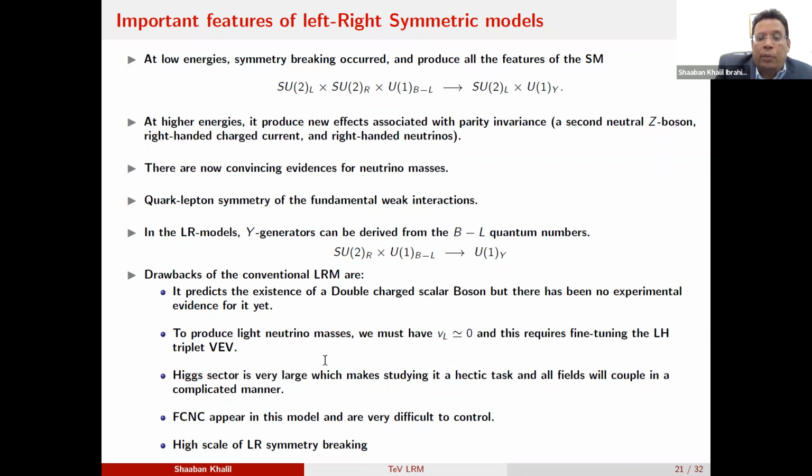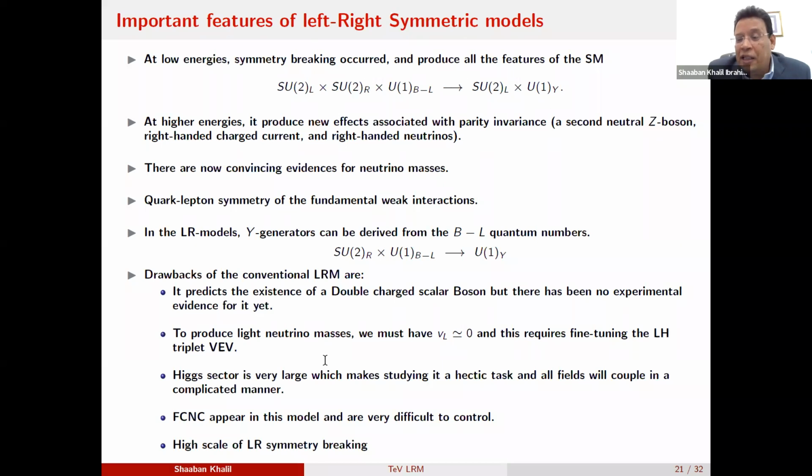For example, the doubly charged particles that I mentioned. Also, in order to account for the neutrino masses, because the neutrino masses will be proportional to V left, the vacuum of delta L. So delta L will generate the V left, and the V left will be involved in the neutrino masses.